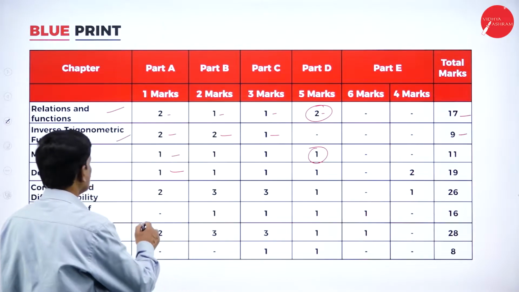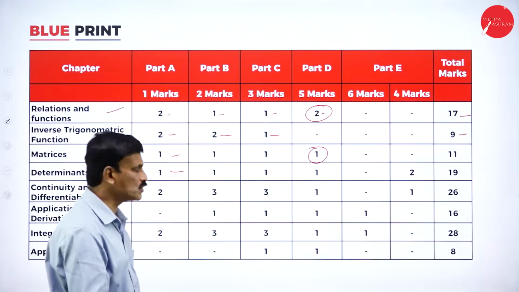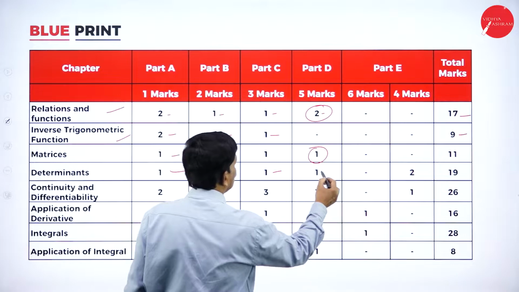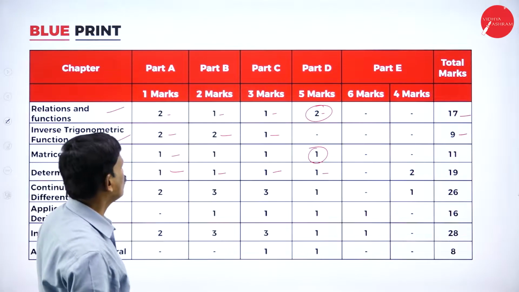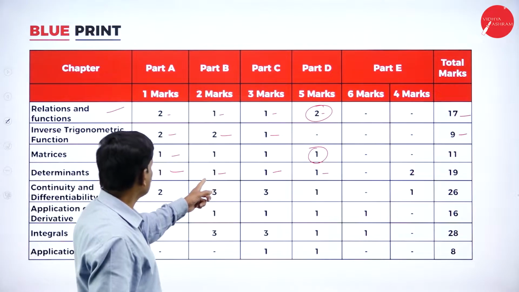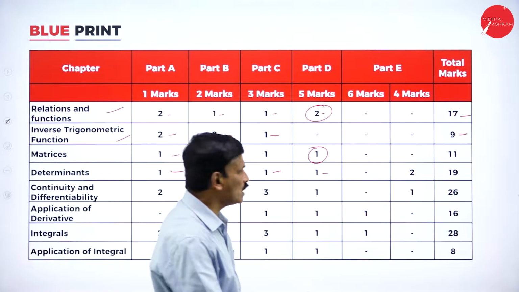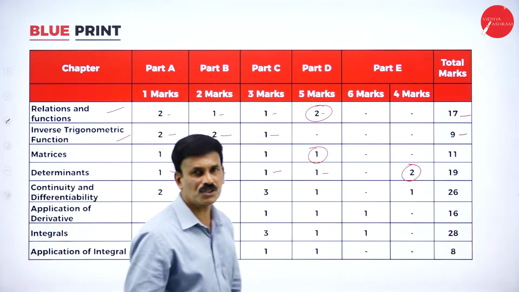Now the next chapter, determinants. In determinants also we will have 1-mark questions, one 2-mark, one 3-mark and as usual one 5-mark question. In addition to that, you will have two 4-marker questions here.